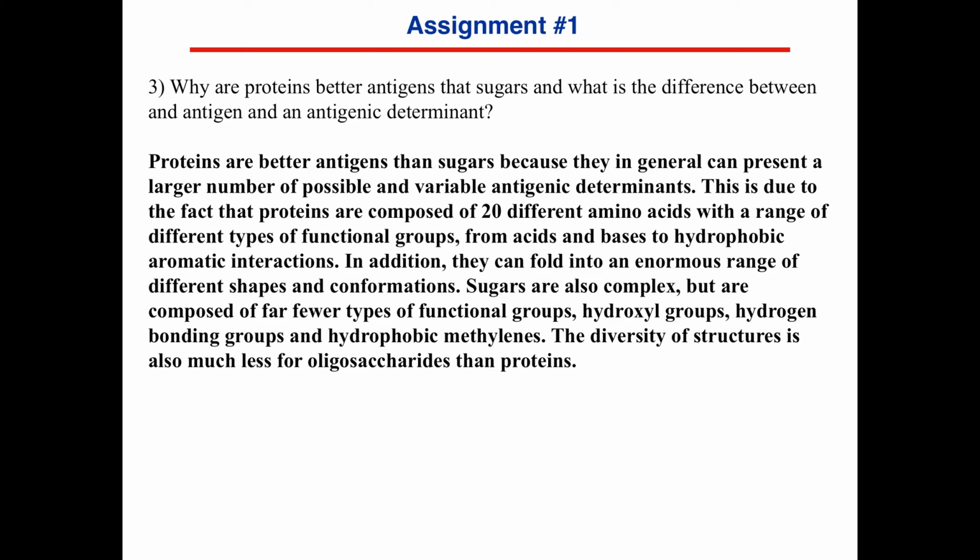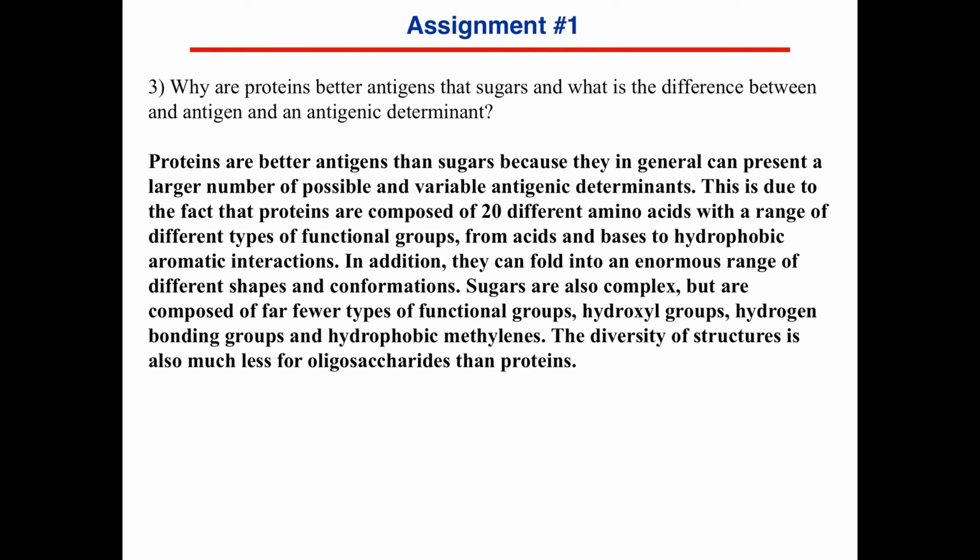Sugars are pretty complex too, and oligosaccharides are very complex too, but they have a fewer number of functional groups: hydroxyl groups, hydrogen bonding groups, and hydrophobic interactions from methylenes. And also the diversity of their types of structures is not nearly as great as it is for proteins. So that's the main reason.